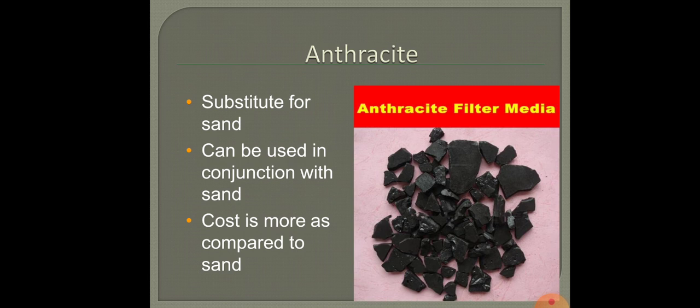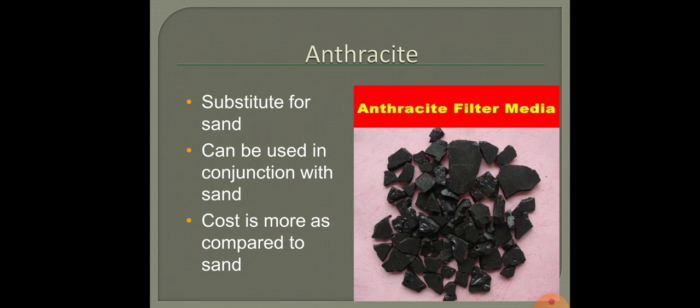Now there is another material which we call anthracite. Anthracite has been successfully used as a filter medium, and also as a substitute for sand in some filters. It may be used in conjunction with sand or some other materials mixed in the filter media.